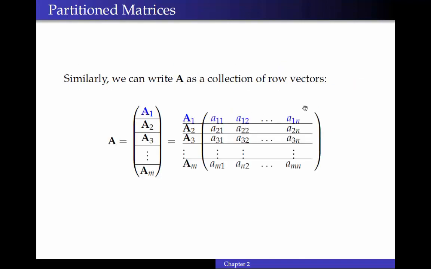Like I was saying, with the row vectors, we'd specify it in this way, written on the left. Each of these Ais represents a row vector. When we write this, we're going to understand that this is a matrix, it's not a vector, and what we're interested in is the rows.